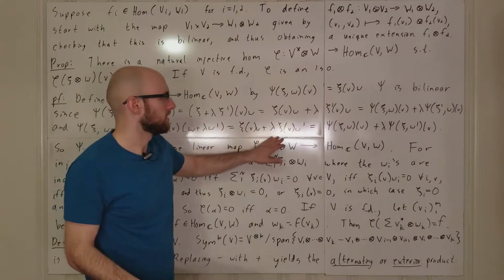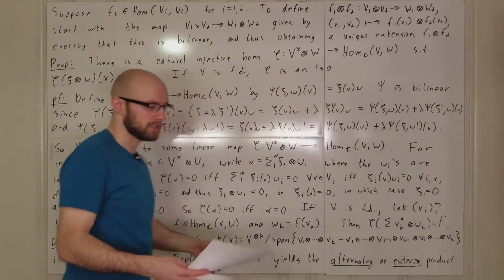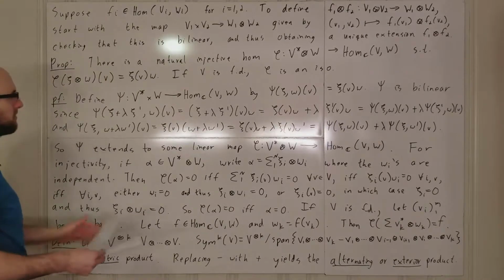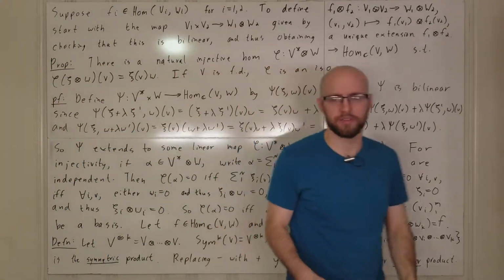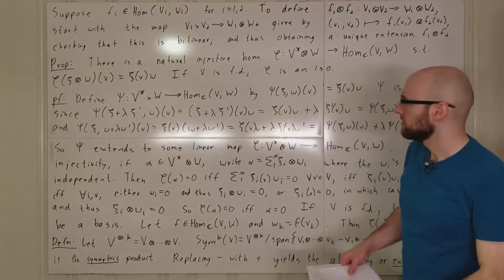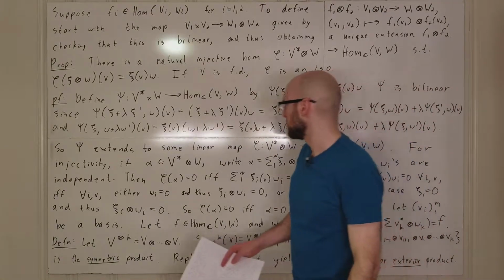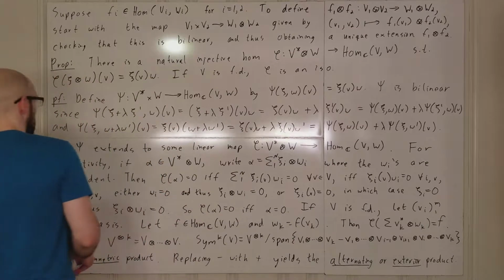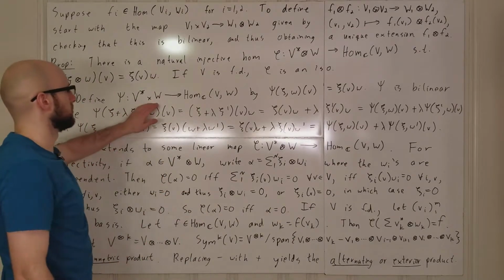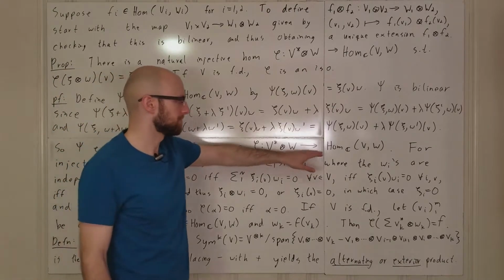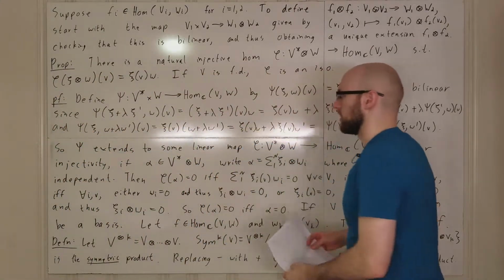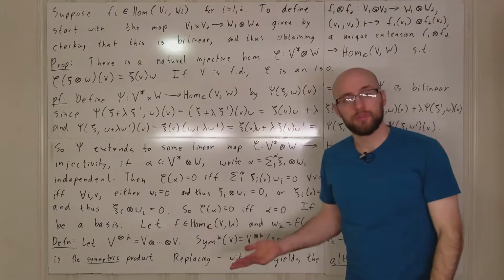And then there you go, you just replace it with psi and you're good. So again, there are no real tricks in these, and that's why I've left out a lot of these computations. Okay, so we now know that psi extends to a linear map phi, which instead of starting from just the direct product, starts from the tensor product. Okay, so that's part of what we wanted.